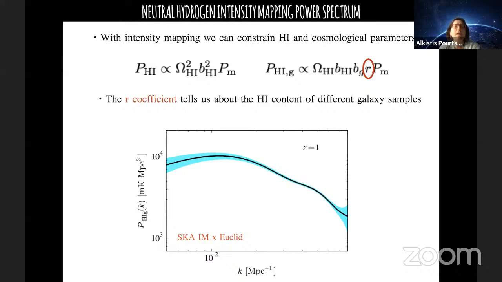Now, the fantastic thing about intensity mapping is that you can in principle do all the usual stuff that optical galaxy surveys do, like constrain dark energy, but you can also constrain really well neutral hydrogen parameters, like the H1 abundance, omega H1, and the H1 bias, bH1.